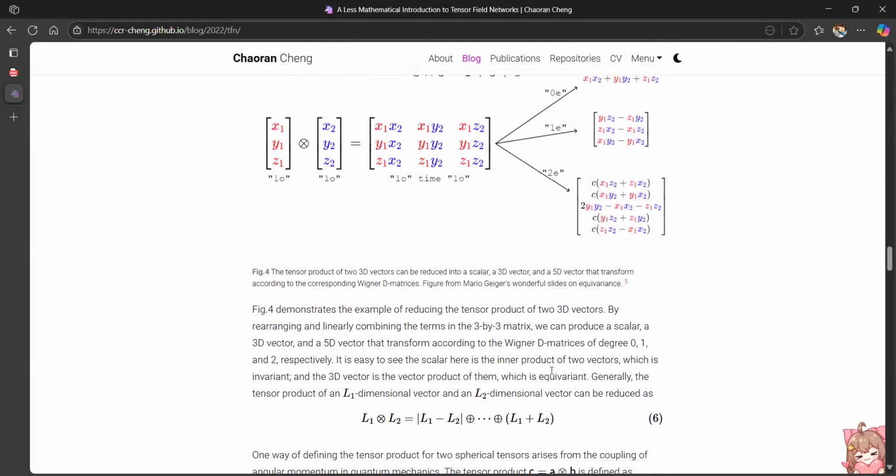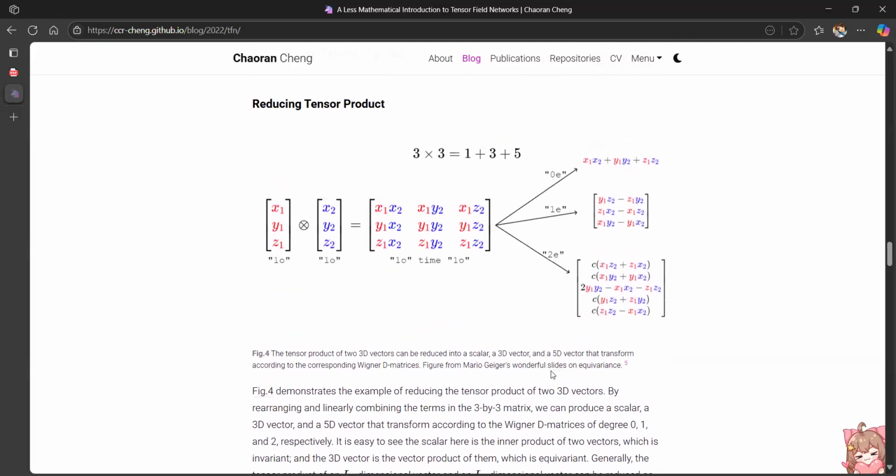So in this example, if you have the product of two vectors, right, 3 by 3, which is usually a tensor product, and which is usually something of dimensionality 9, right? You can decompose that into the smaller representations.